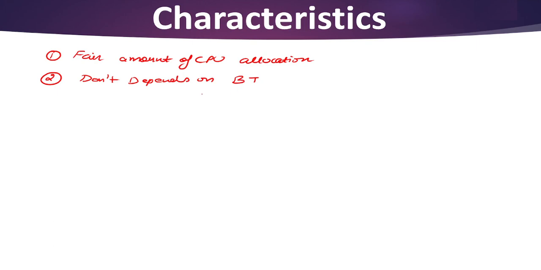Its disadvantages are low operating system slicing, which will result in decreased CPU output, and processes cannot have priorities established in this case. So all these are some advantages and disadvantages of using the round robin scheduling algorithm.